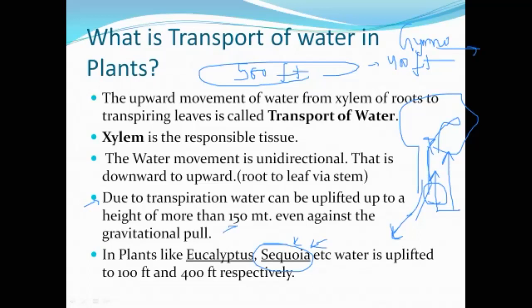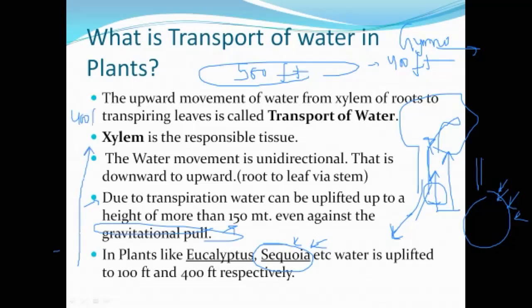So up to that much height, the water can easily be transported even against the gravitational pull. See, the earth has its gravitational pull, and everything is being pulled by gravity. Even against this gravitational pull, the water is still capable of being transported in the upward direction. Suppose a plant is 400 feet.